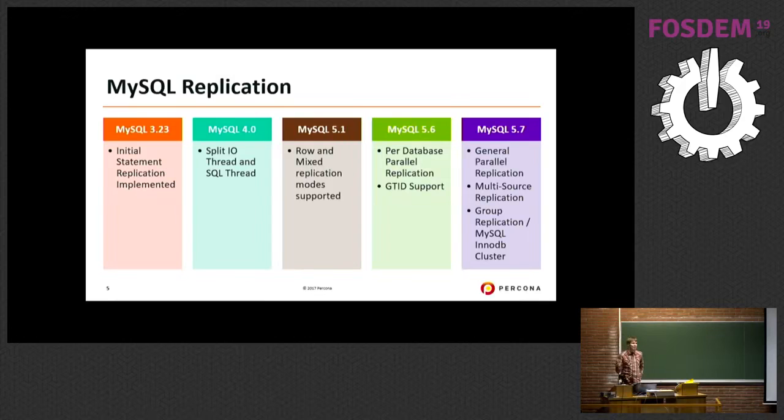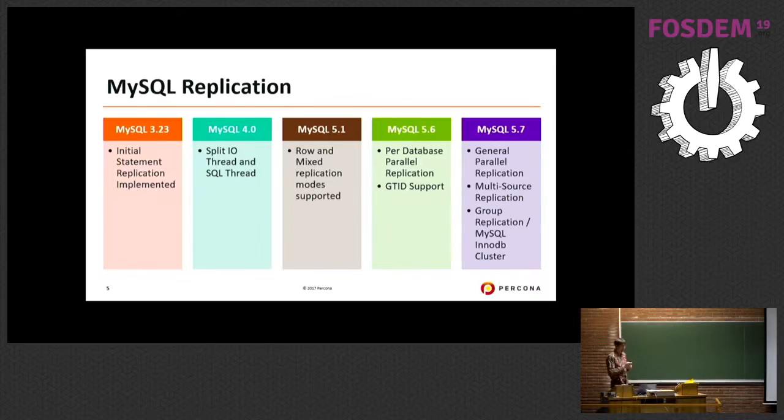I could also add MySQL 8 here, but now most of the improvements happen in group replication, which is designed as a plugin. So most changes are also available in both MySQL 5.7 and MySQL 8, right? So that doesn't mean that nothing great and wonderful has happened in MySQL replication since 5.7.